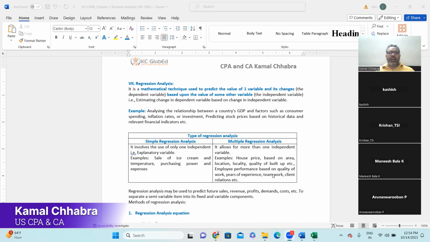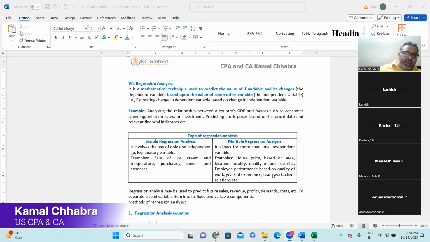For example, analyzing the relation between a country's GDP and factors such as consumer spending power, inflation rate, and investment. Predicting stock price based on historical data and relevant financial indicators is also regression analysis.